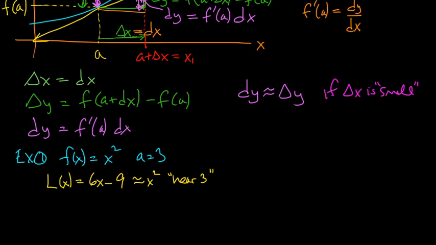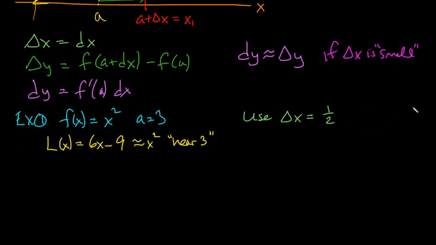Okay, so let me come up with a delta x. Suppose we use something small. How about 1/2? Delta x is just 1/2. So that means a plus delta x is 3 plus 1/2, so 7 over 2, or 3.5.